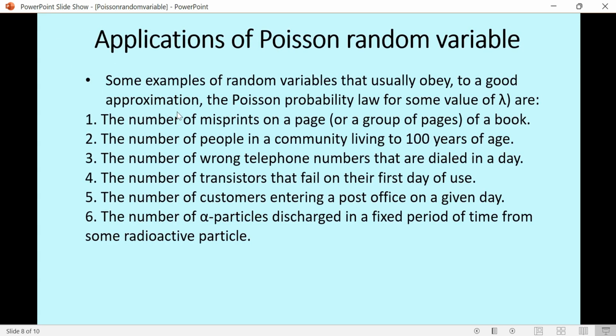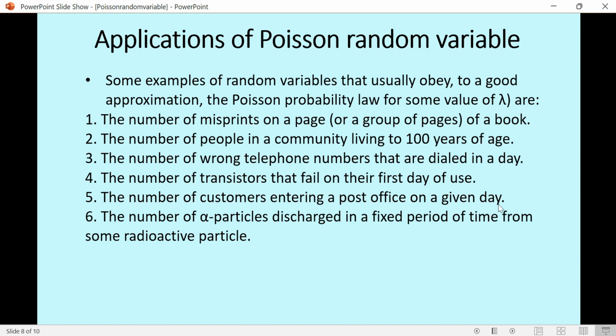There are many types of applications for the Poisson random variable. Practical examples include the number of wrong telephone numbers dialed in a day, the number of people in a community living to 100 years of age, if the community has a predefined population, and the number of customers entering a post office on a given day.